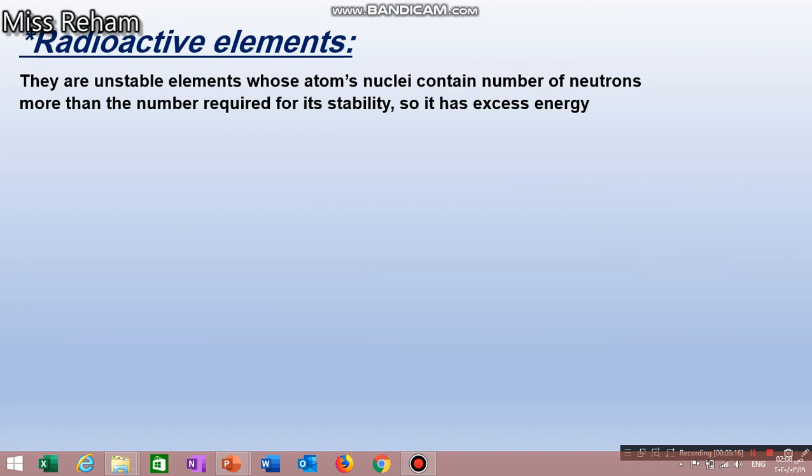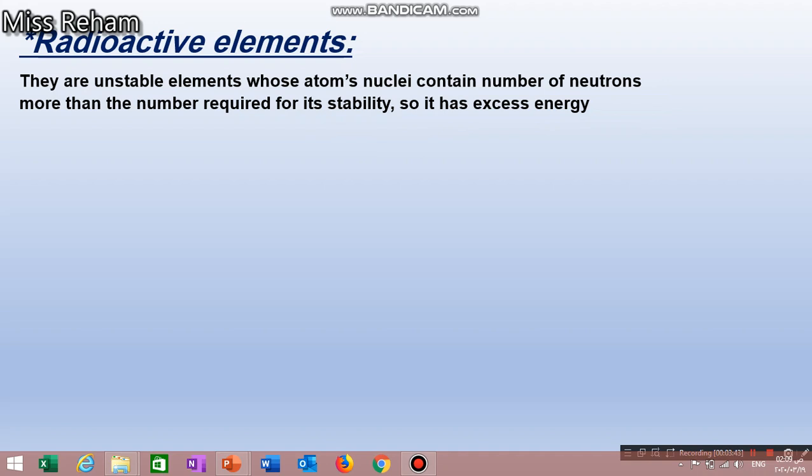Now, what is meant by radioactive elements? They are unstable elements whose atoms and nuclei contain a number of neutrons more than the number required for their stability. So it has excess energy.